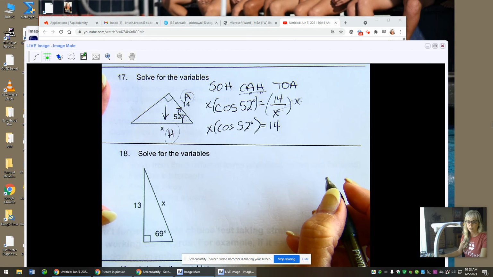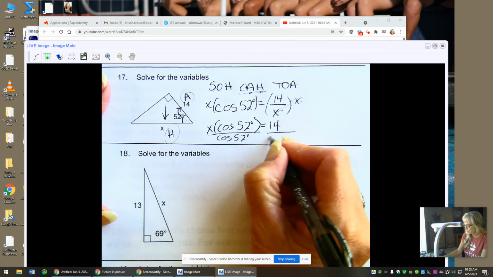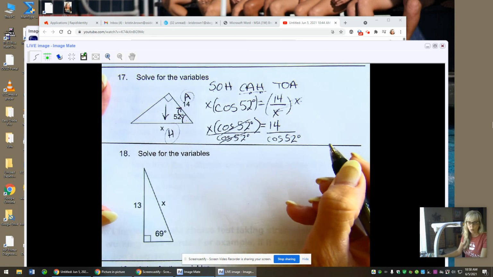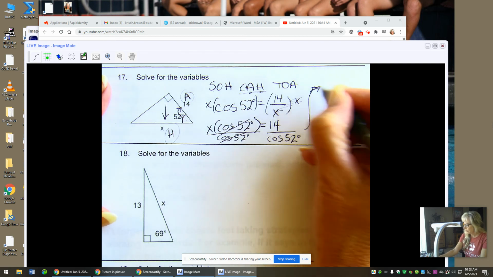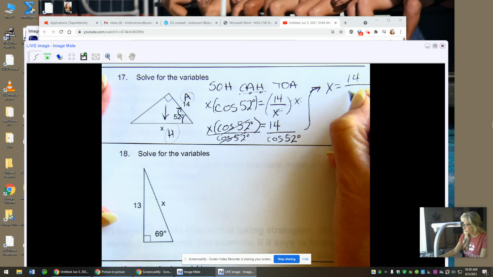So we still have some work to do to get the variable by itself. To do that, we can divide out the cosine of 52 because it's being multiplied by x. Dividing out gives us a 1 times x. Working over here, it's x. And our exact answer is 14 over the cosine of 52 degrees.